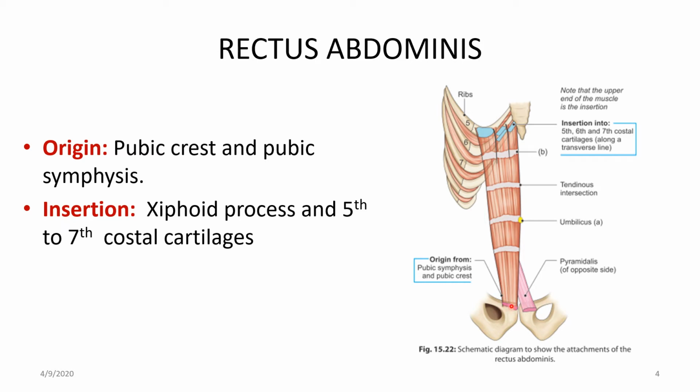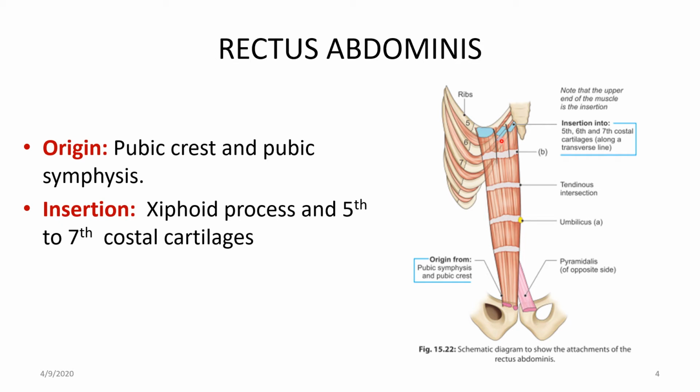So its origin is at the lower end, and from this origin you can see it going up towards the insertion onto the xiphoid process and the 5th, 6th, 7th costal cartilages.